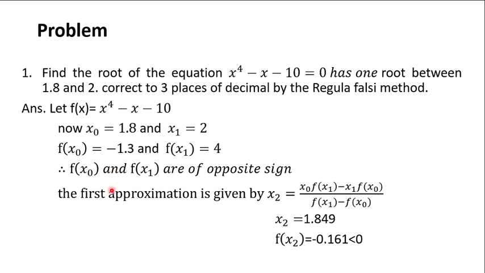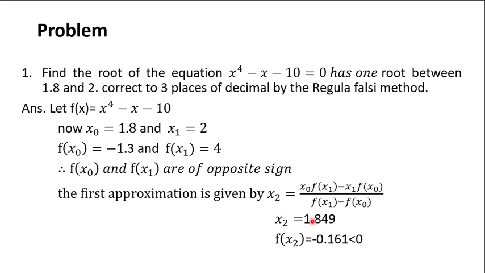For this we write the approximation x2 = (x0 f(x1) - x1 f(x0)) / (f(x1) - f(x0)). Substituting x0 = 1.8, f(x0) = -1.3, x1 = 2, f(x1) = 4, the denominator is 4 - (-1.3), that is 4 + 1.3. Simplifying, we get x2 = 1.849.